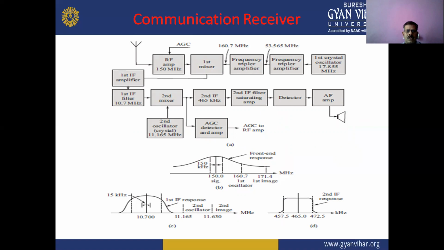And this diagram also represents the communication receiver diagram. And here also are different networks. So the signal is received with the help of the antenna and applied to the RF amplifier, which has the frequency 1.5 megahertz.